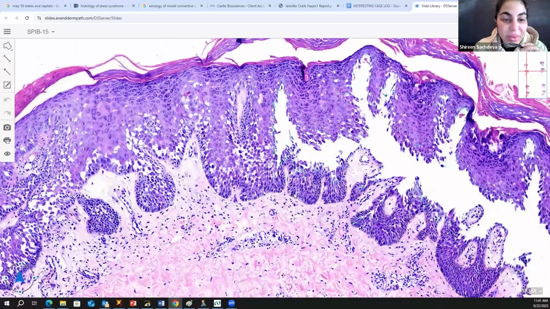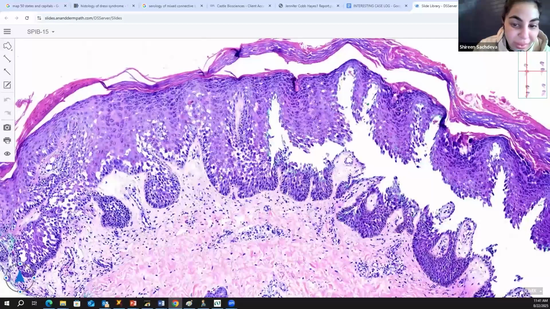Okay. So you can see widespread suprabasal, incomplete acantholysis. I guess it's widespread, so it's involving a large part of the slide. There are a few dyskeratotic cells, but minimal.